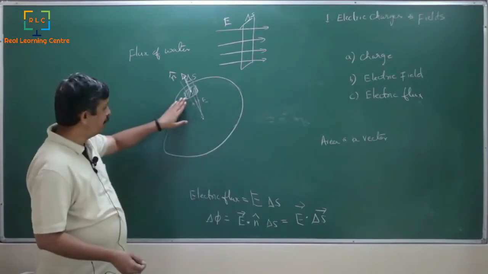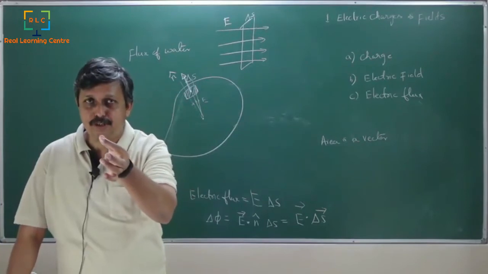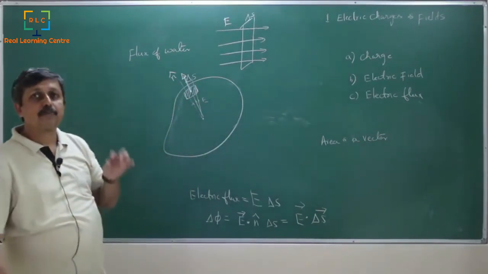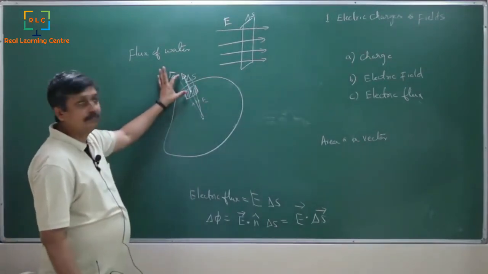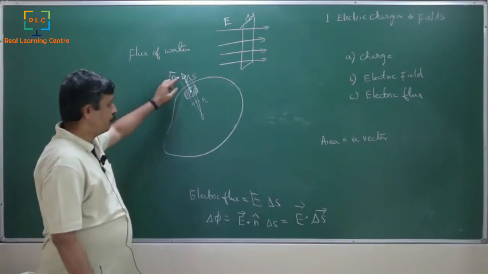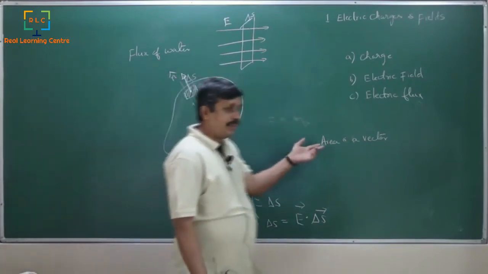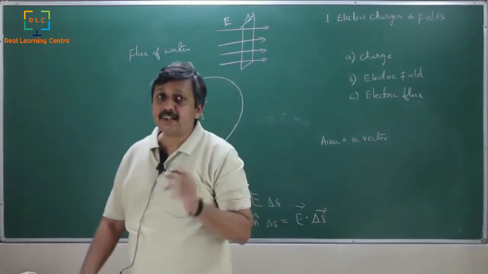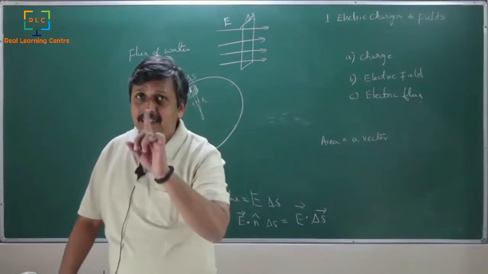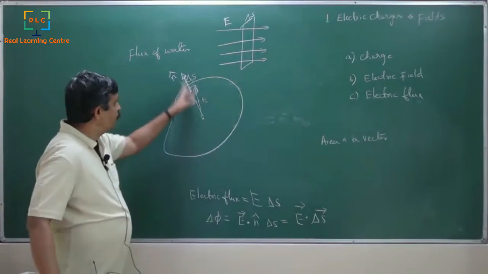If the area is, let us say, a small area of 0.1 meter square, then for 0.1 you draw an arrow of 0.1 meter length and put one arrow on the top of it, that is represented as an area vector. Area is now represented as a vector, which means a line having a magnitude and a direction. So that is the outward vector.